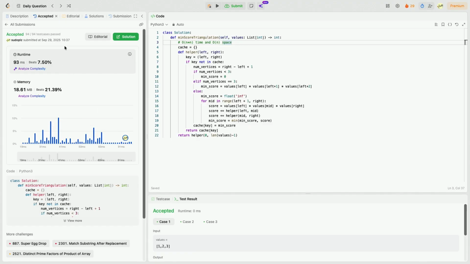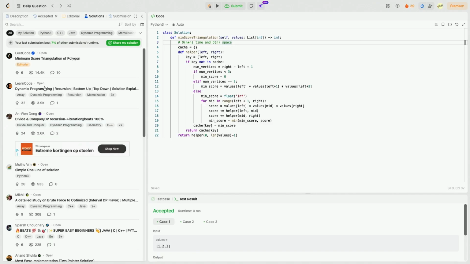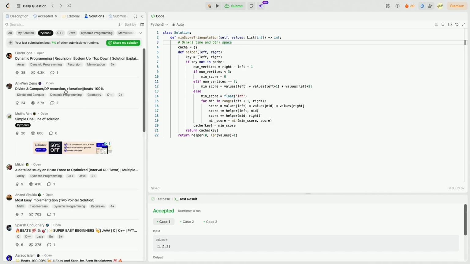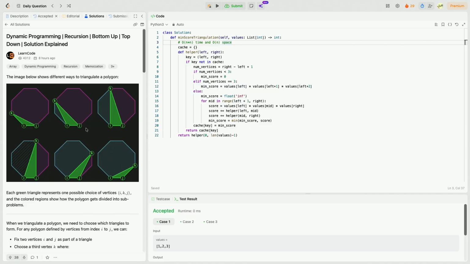I'm not 100% sure, so maybe we should have a look at some of the solutions. Maybe a Python one. Python, top-down, dynamic programming. Oh, nice. So here's some graphics. Yeah, so this is basically what we do inside our loop here. Pick 2, and then we iterate over all of the different ways to slice it.